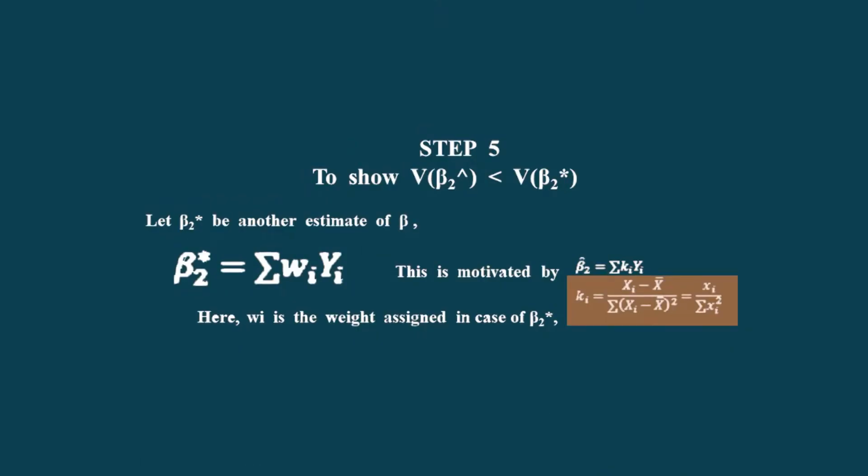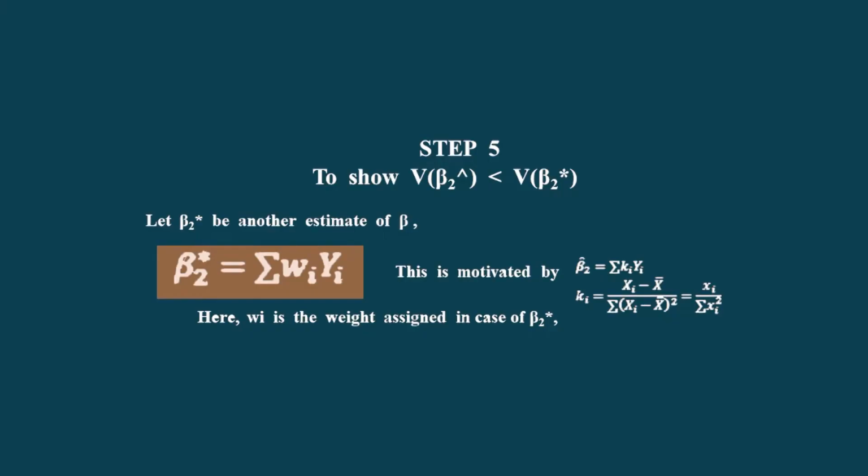Now how to write this ki? Ki is written as xi minus x bar, because that is the original definition of ki, with small xi in the numerator divided by summation of xi square, also in small letters in the denominator. On the basis of this, we have written it like this.